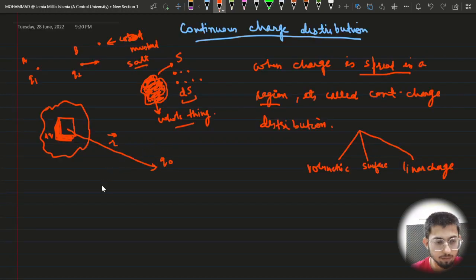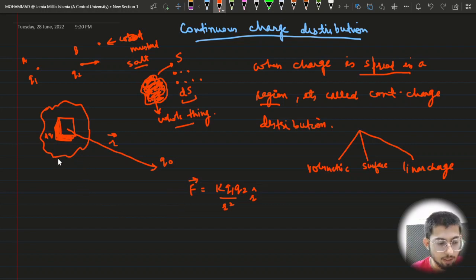We know that the force between two charges is given by k q1 q2 over r square, times the r unit vector. This will be the force vector.